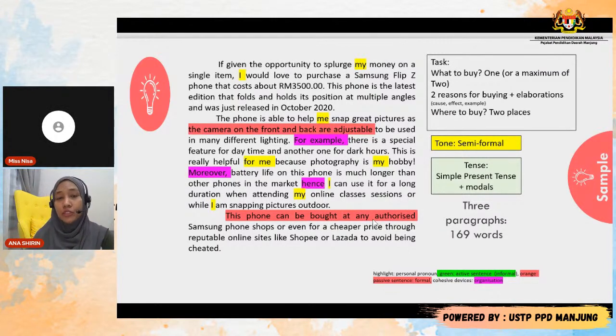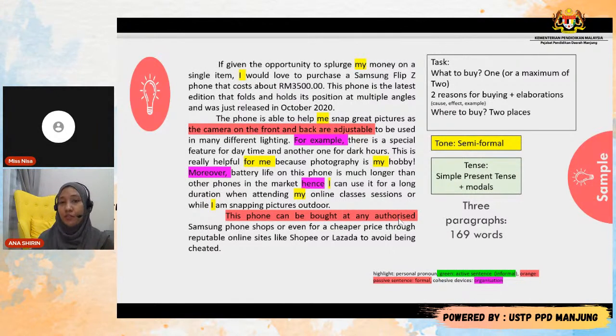Having a semi-formal tone is when you use passive sentences, as highlighted over here in orange. That's a passive sentence form, but there's only one or two throughout this whole essay. The others will be in active form, and you would usually have a lot of "I" and "my" in this essay.